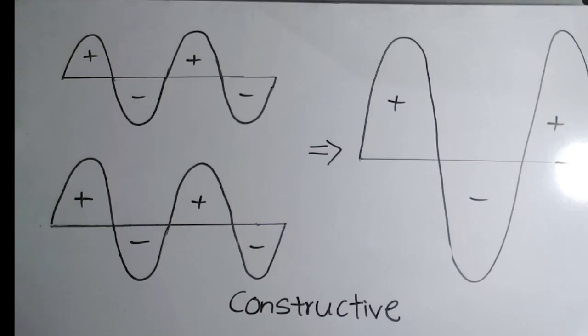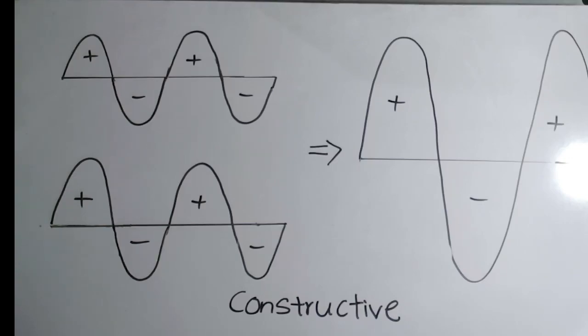If you imagine this wave is a sound wave, then the resulting sound will be increased. That means we can hear loudly. If you imagine this is a light wave, the resulting light will be brighter. Similarly, if you imagine these are electrons, then the probability of finding the electron in a given position will be high.